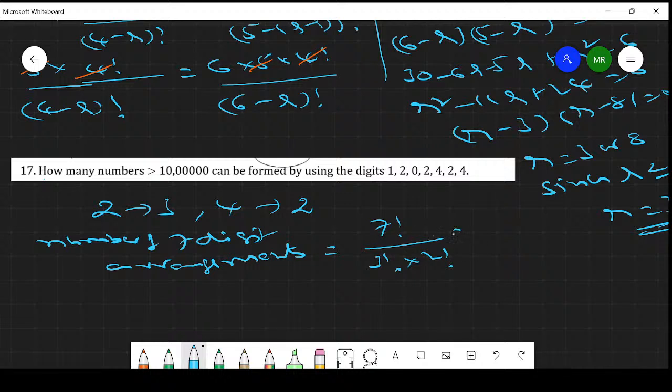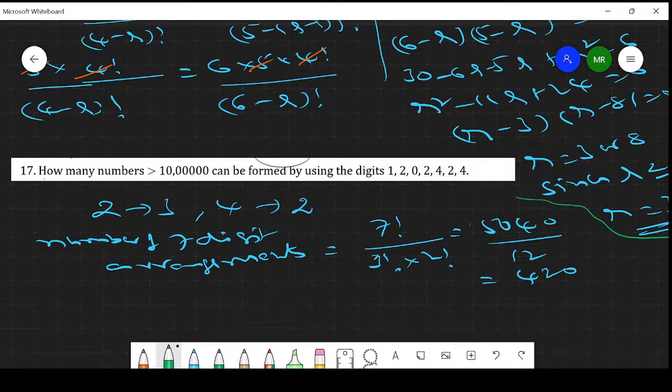You simplify: 7 factorial is 5040, divided by 3 factorial, which is 6, into 2, 12. If you simplify, it will be 420.